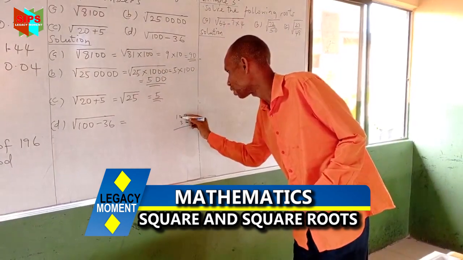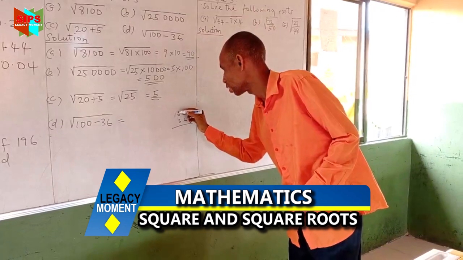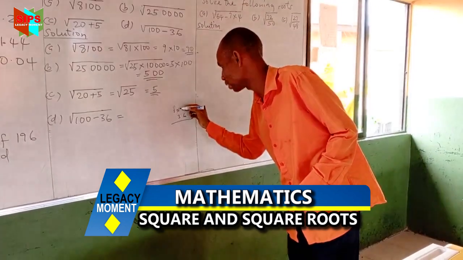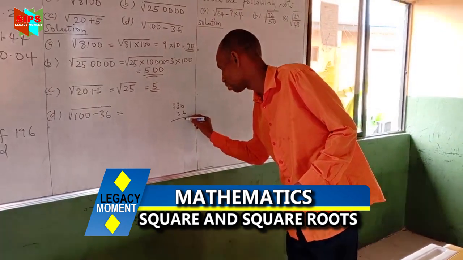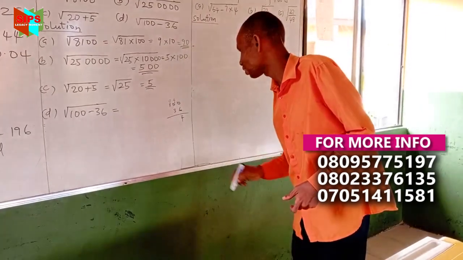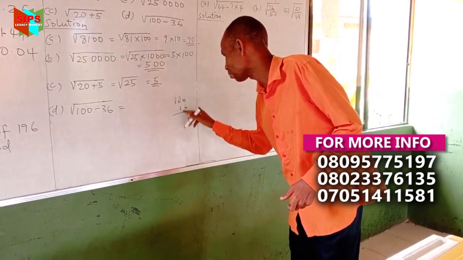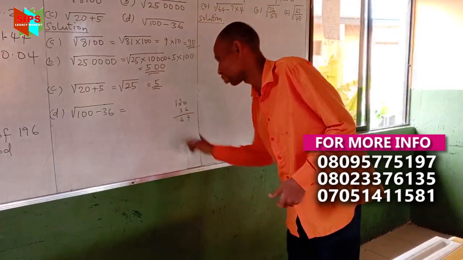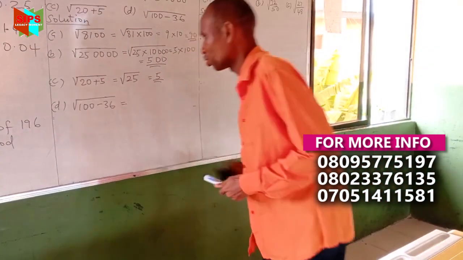Borrow 1 from here. Here you are left with what? Borrow 1 from here. This one is 0, 10. This one is 10. Borrow 1 from here, 9. This is 10. Here you are having 4. Alright? Then here is 9 minus 3 will give us 6. Hence, by this, we are having 64 there.